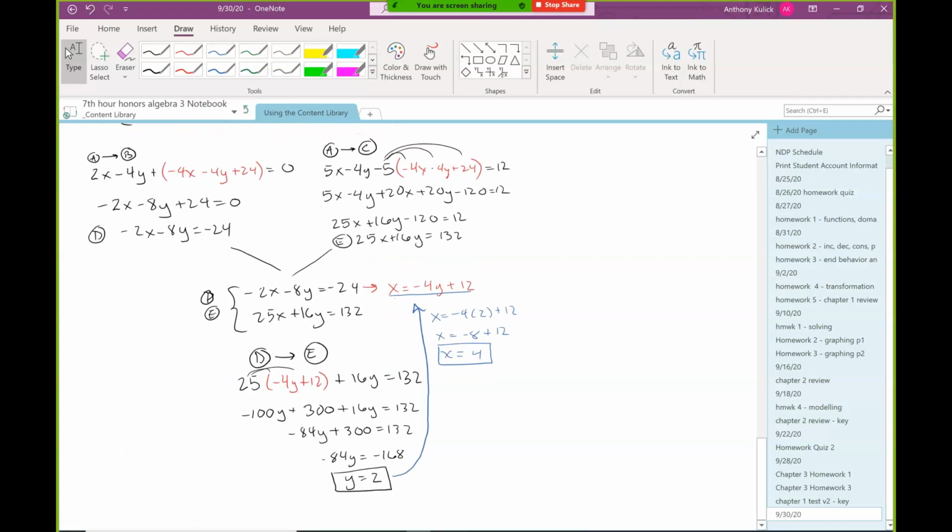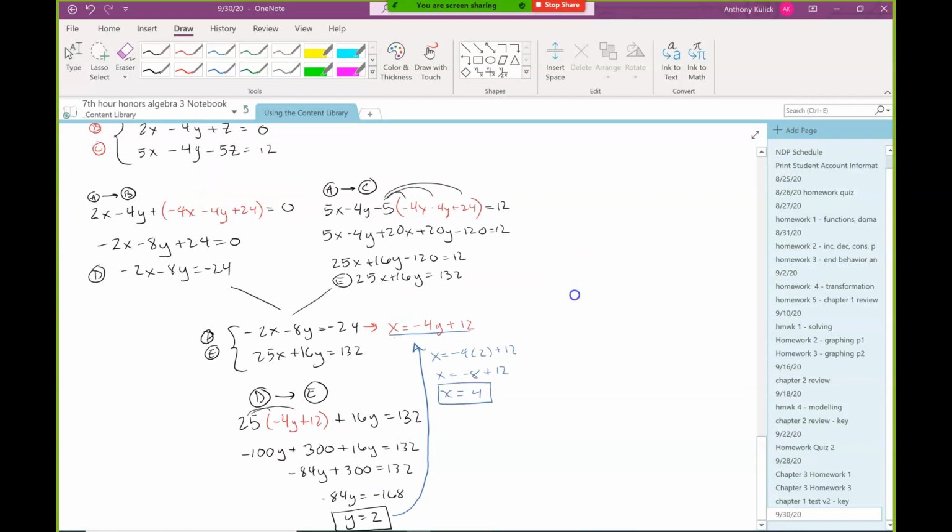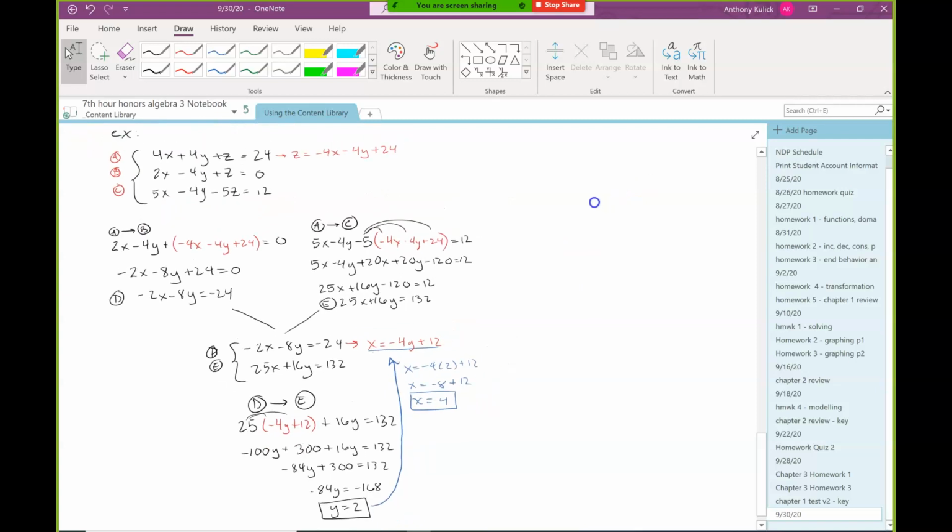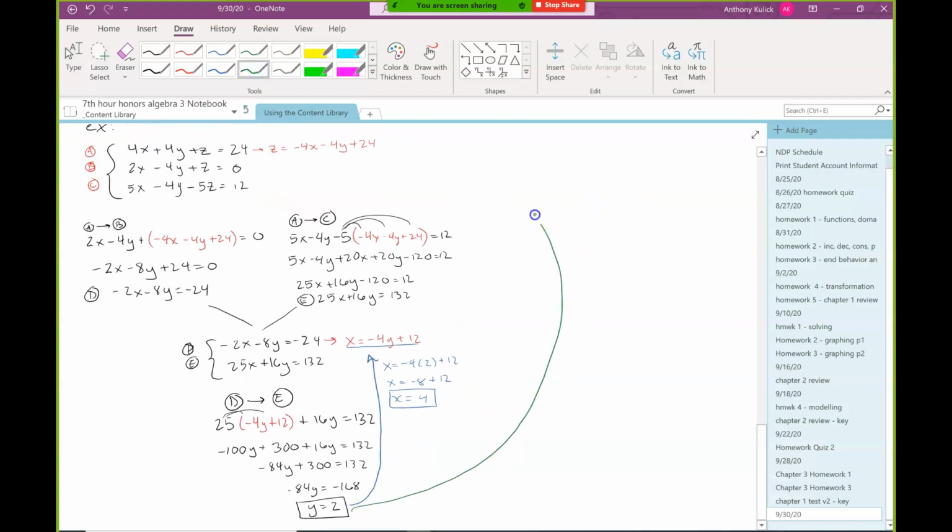What I'll do next, take both of those and plug it back into this equation to get my z.